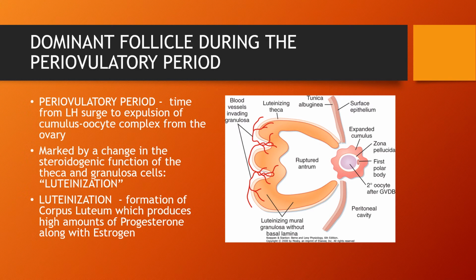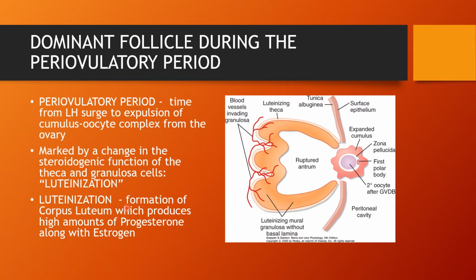And then what will happen to the dominant follicle during the periovulatory period? The periovulatory period is the time from which the LH will have a surge, will increase, which will result in the expulsion of your cumulus oocyte complex from the ovary. Okay.